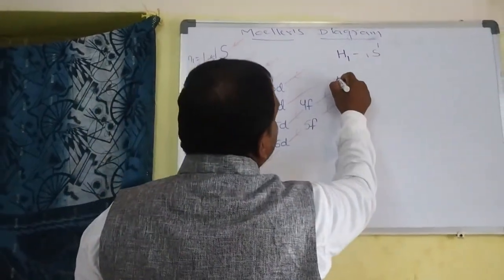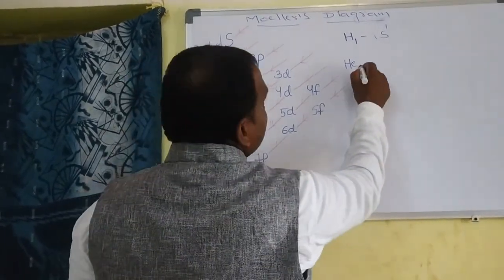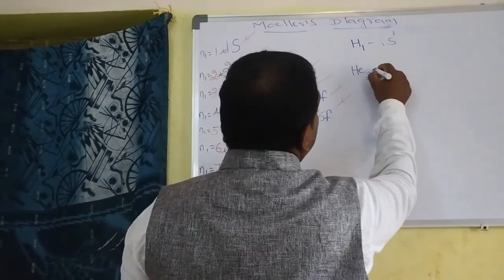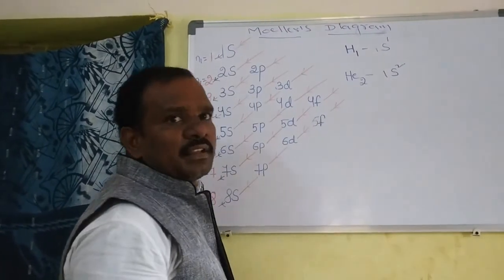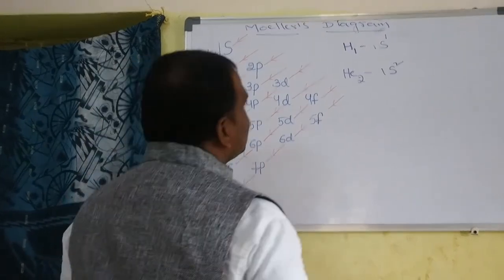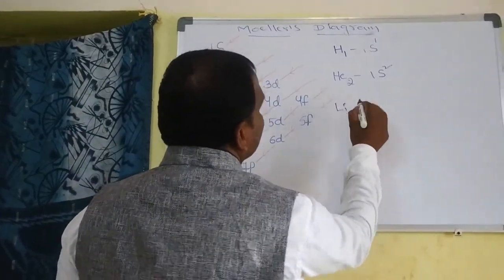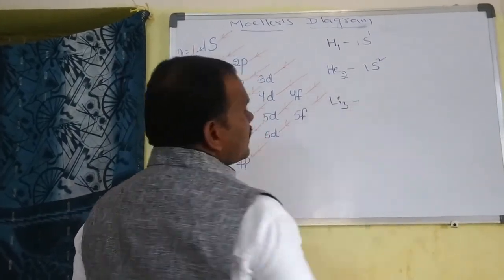1s orbital, only 1 electron. Like that you may take helium. Helium atomic number is 2. Electronic configuration of helium is 1s2. Next you may take lithium. Lithium atomic number is 3.